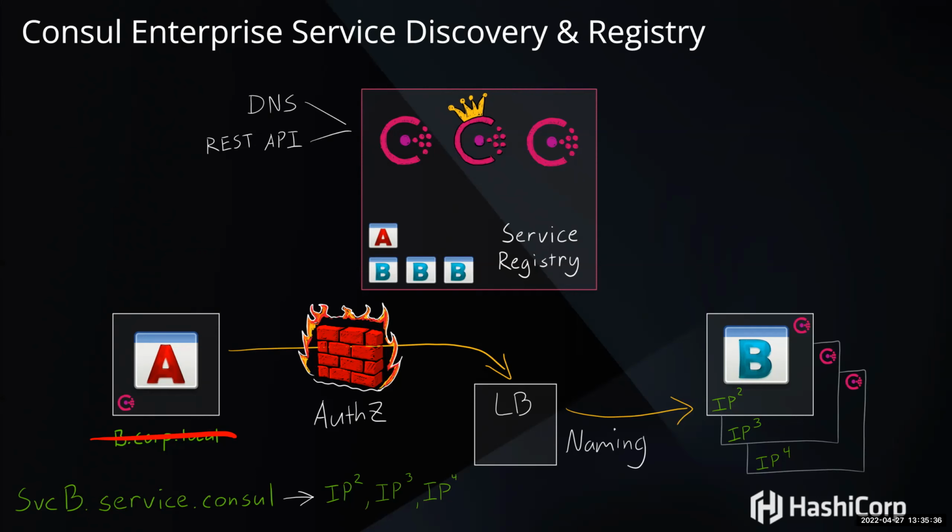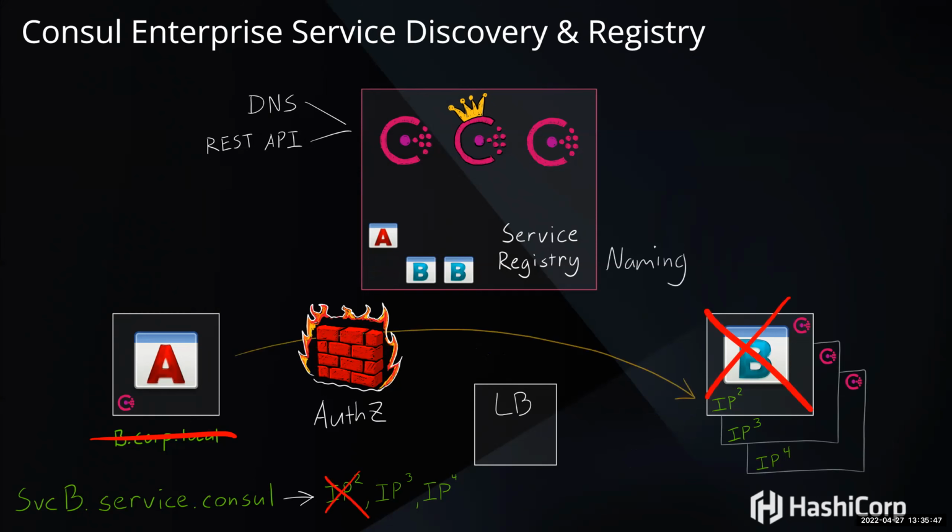So service A, for example, can now also do load balancing. If I only have 2 destinations or 2 upstreams, it will round robin load balance. So to a certain degree, I can remove the load balancing function from a traditional load balancer and hand it off to Consul.